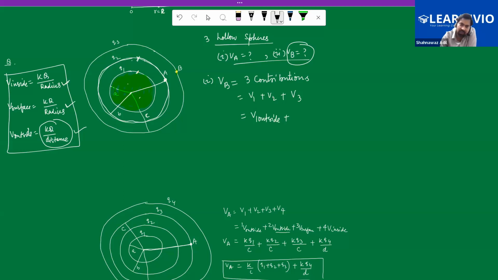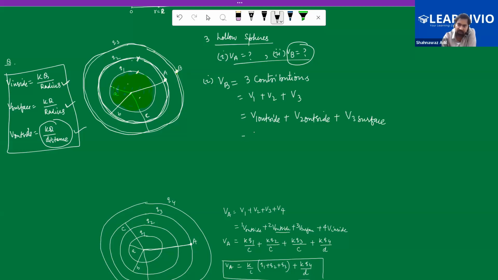Again, due to this second sphere, this point B is again outside. And then at this third sphere, this B point is at the surface.